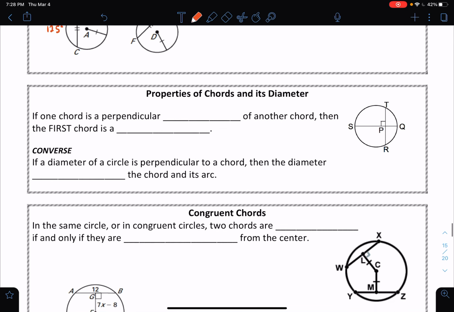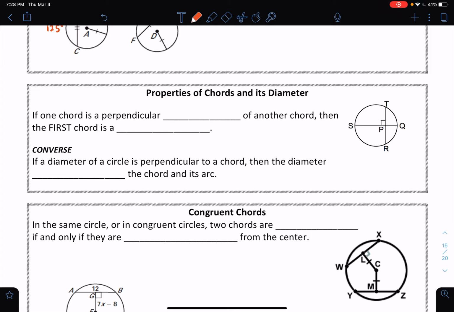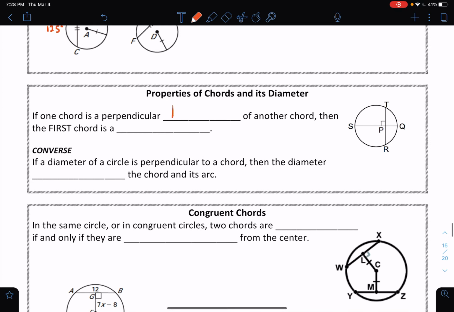Next up, a diameter is a special type of chord that goes through the center. What happens when they meet? If one chord is a perpendicular bisector of another chord, then the first chord is a diameter.